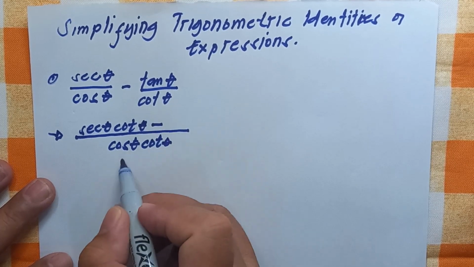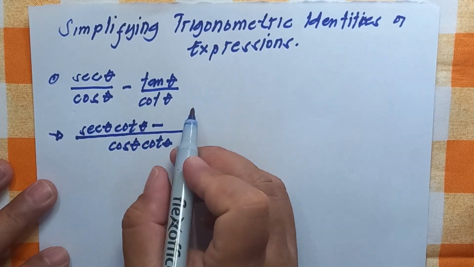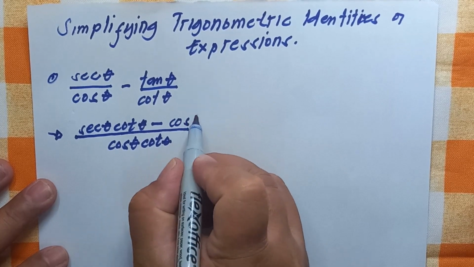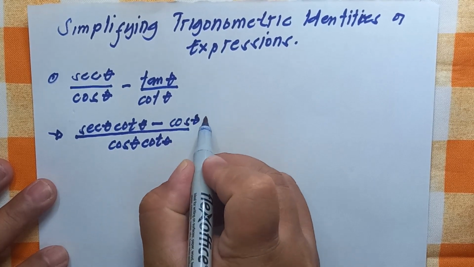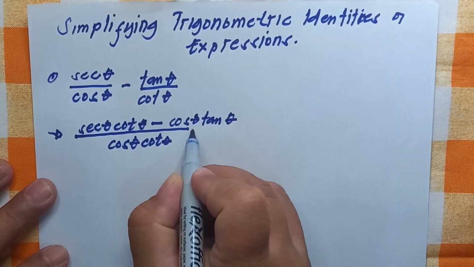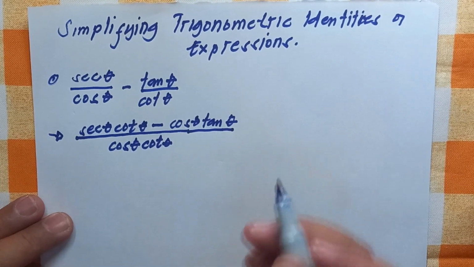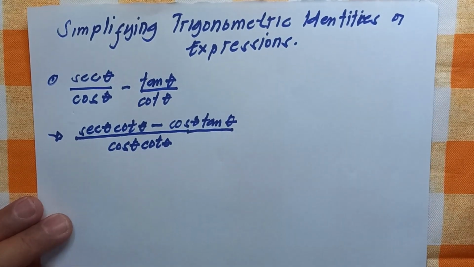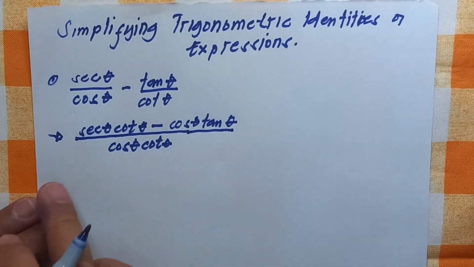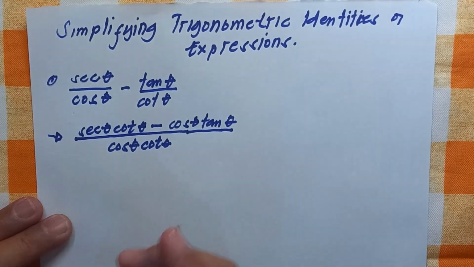So the answer is cosine theta multiplied by tangent theta. So it will give you cosine theta and tangent theta. And so that is the result.